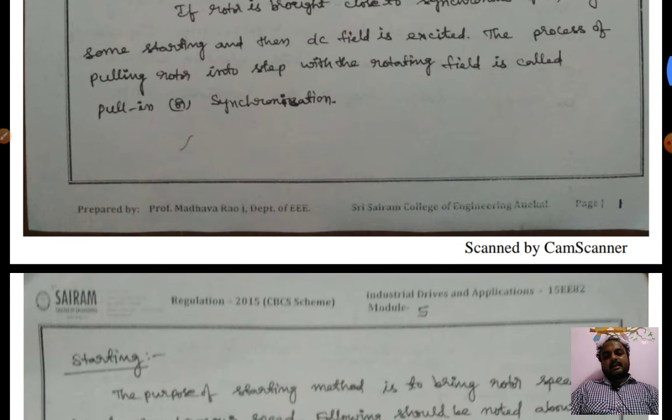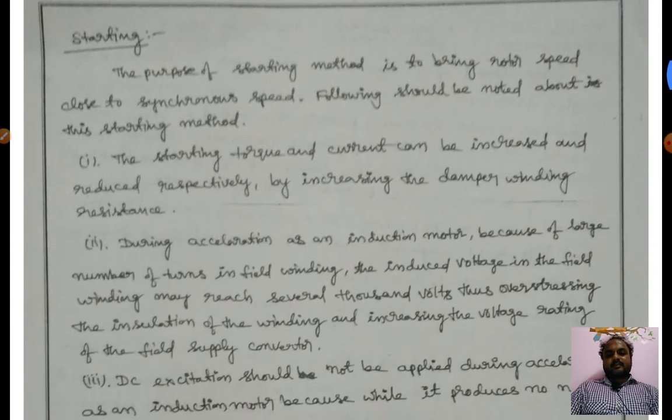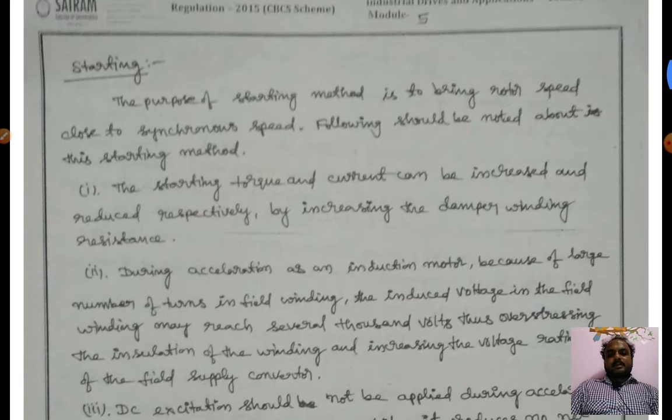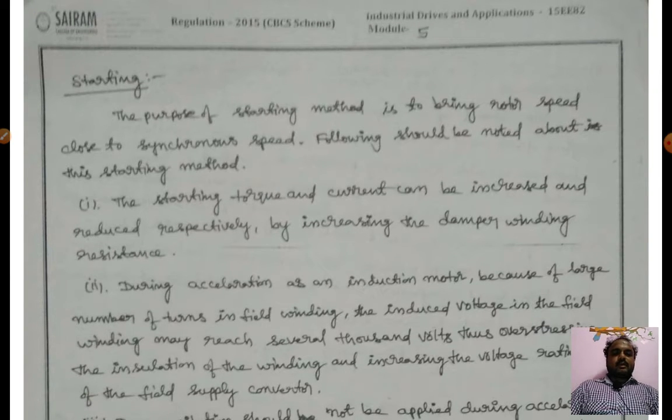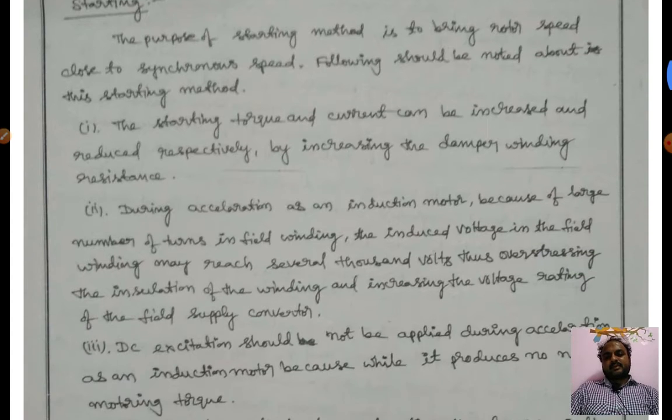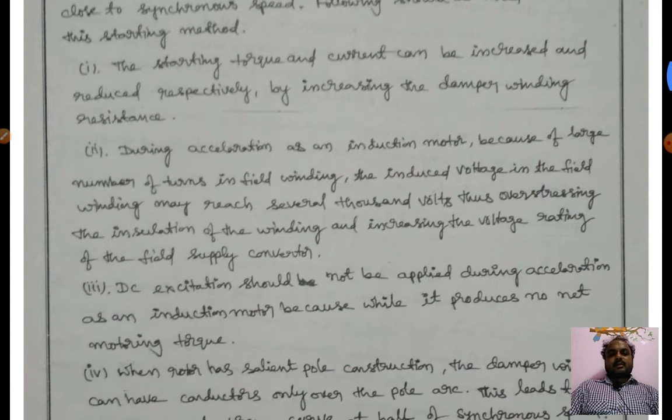That is called pull in, or synchronization. Coming to starting, the purpose of the starting method is to bring the rotor speed closer to synchronous speed. We have some methods, and by using those methods we keep the rotor speed closer to synchronous speed. The first one we will see: the starting torque and current can be increased and reduced respectively by increasing the damper winding resistance.